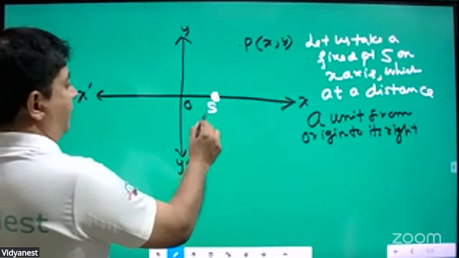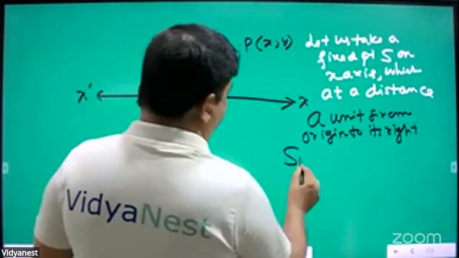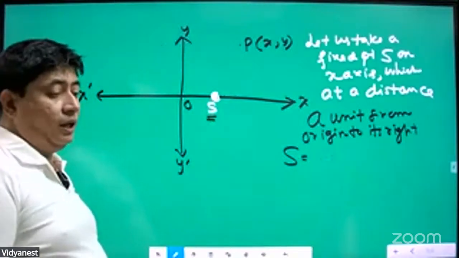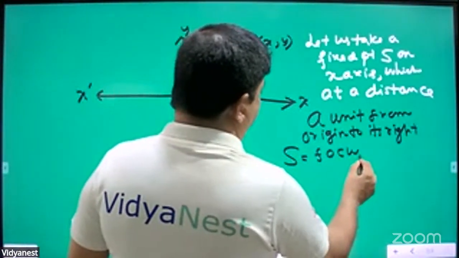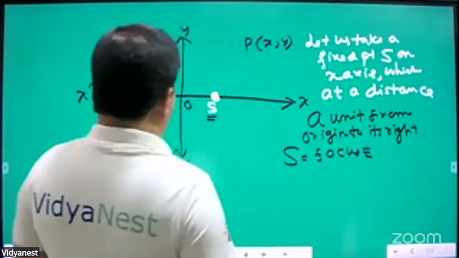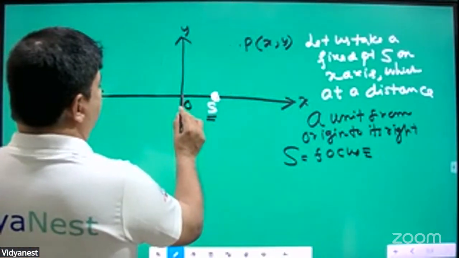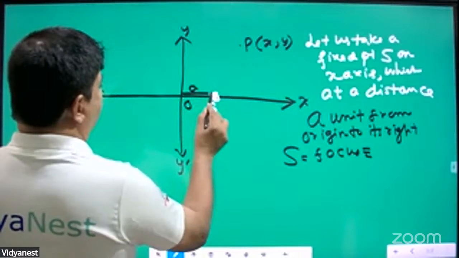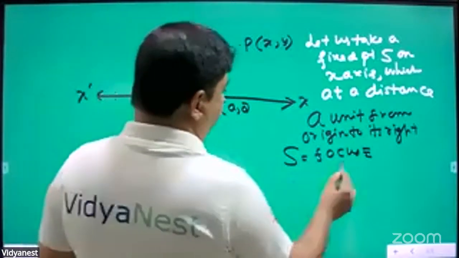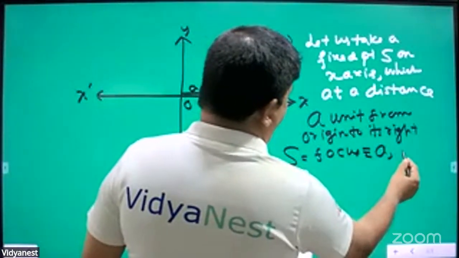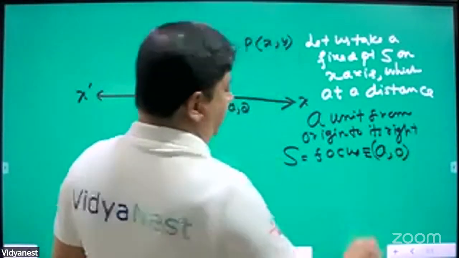This S point is called focus, and as this distance is a, I can take the point as a comma 0. Its coordinate is a comma 0.